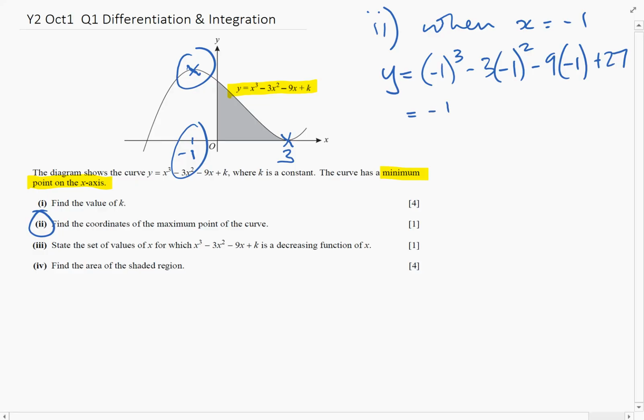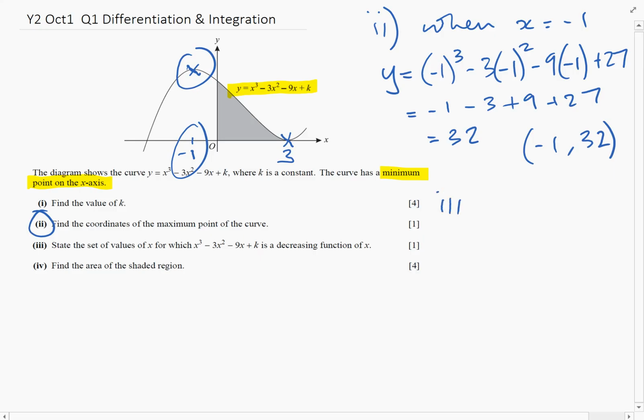So that will be minus 1, this will be plus 1 times minus 3, so minus 3, this will be plus 9 plus 27, and what's that going to give us then? That's going to give us 32. So the coordinates for the maximum point are minus 1, 32.